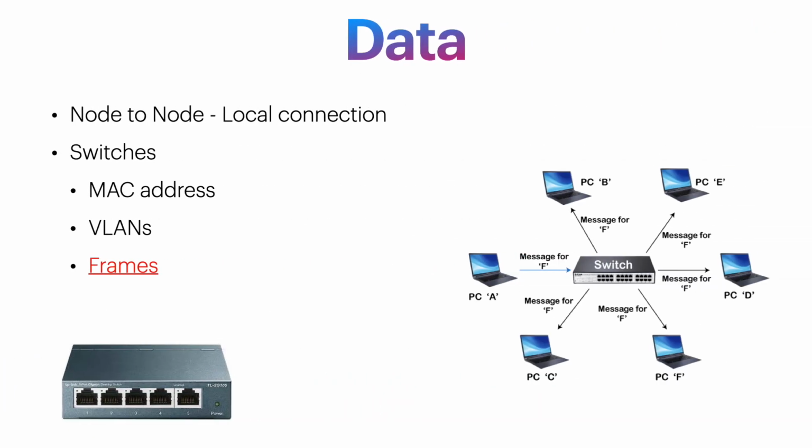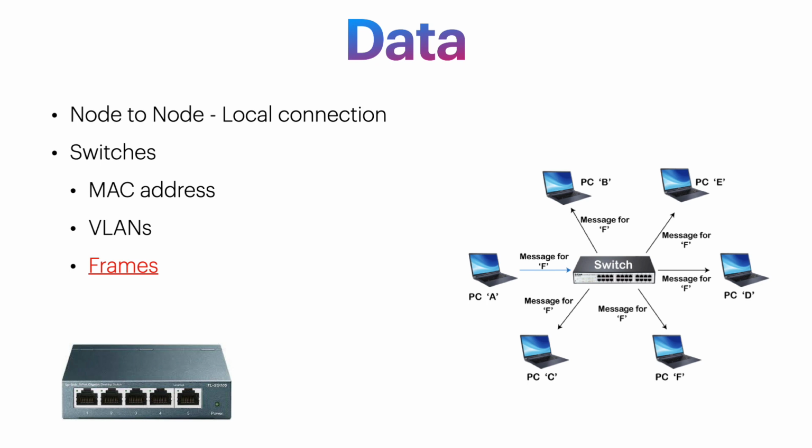Next, we have the data layer, and here's where different nodes or components communicate to each other within the same local area. For example, a PC with a PC, a computer with a phone. Here's where the switch lives, and MAC addresses are very important.